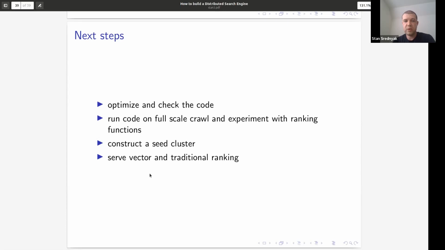Here are some of our next steps. First of all, we need to optimize our current code. Then run the code to do a full web crawl and create our own dynamic data set.